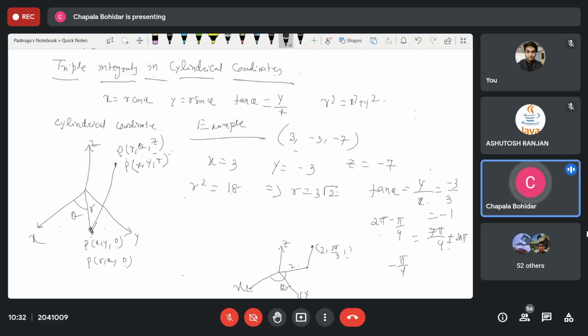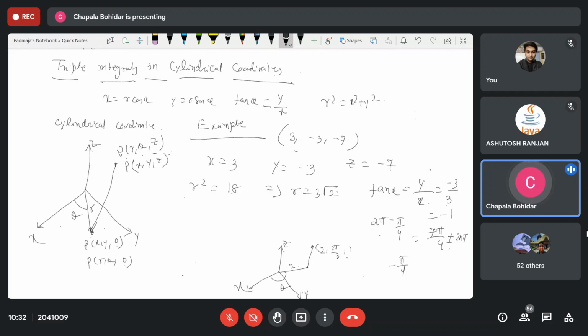See your multiple choice. Repeatedly I am telling you, check what angle is given and whether it is suitable or not. You check it and then you write down. So if I write down 7 pi by 4, yes, it is okay. Then by putting n is equal to 1, we get plus 2 pi. Or if it is negative, then we can write down it is minus pi by 4.